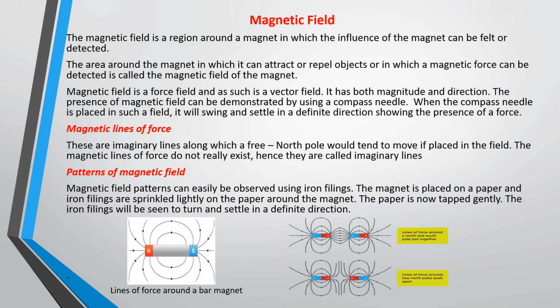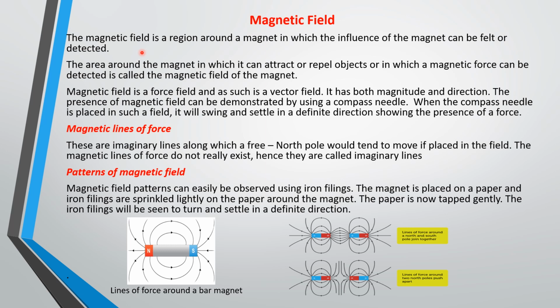Okay, so as I said, in this particular class we are looking at magnetic field. So what is a magnetic field? A magnetic field is just a region around the magnet in which the influence of the magnet can be felt or detected. If you have a magnet around you, you can feel the effect of the magnet if you bring a magnetic substance close to it.